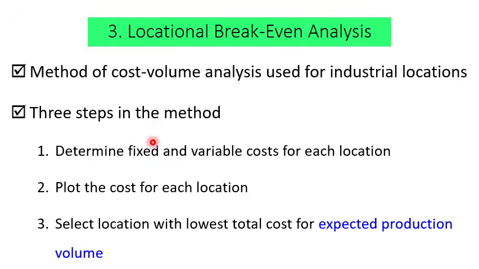First, we have to determine the fixed and the variable cost, that is the total cost of each location, and plot the cost for each location. We have to plot on the XY axis the total cost of each location. And the last one is to select the location with the lowest total cost for each expected production volume.